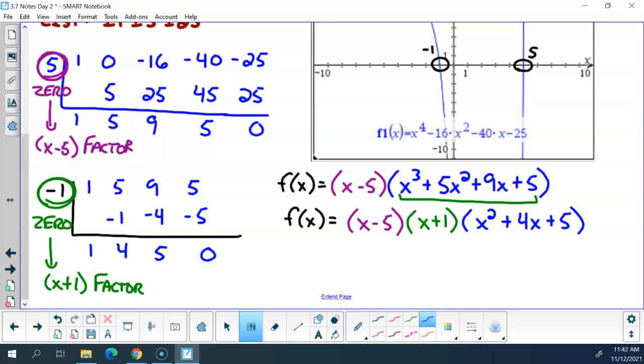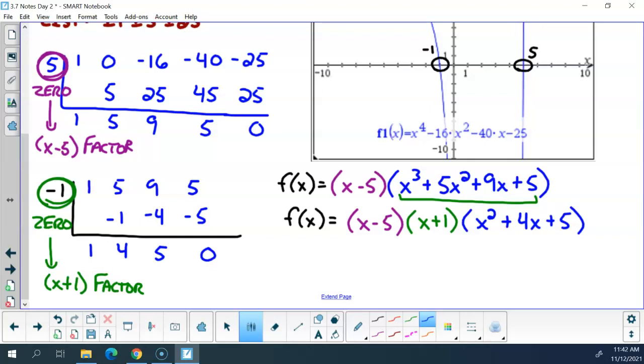Is it factorable? No. What's the easiest way that we can tell that it's not factorable? Look at my graph.